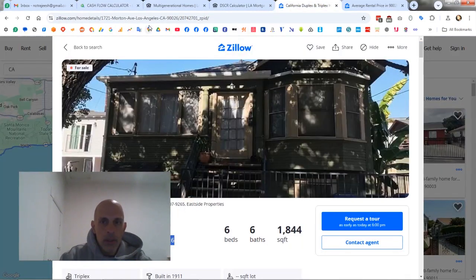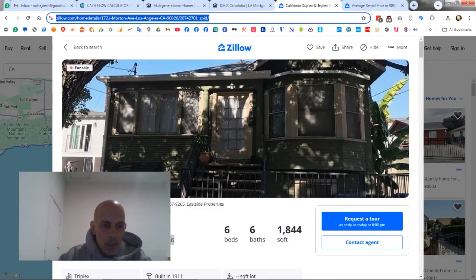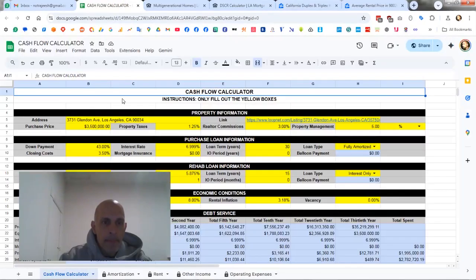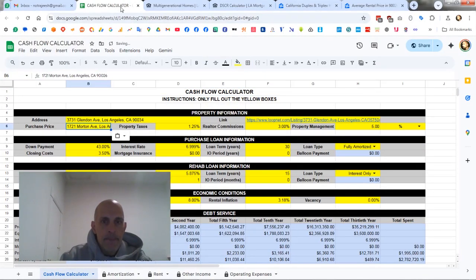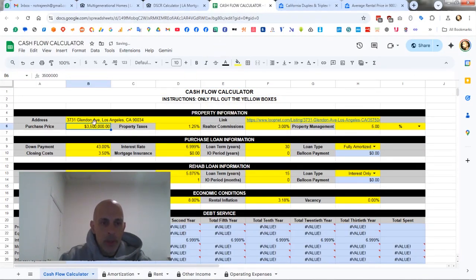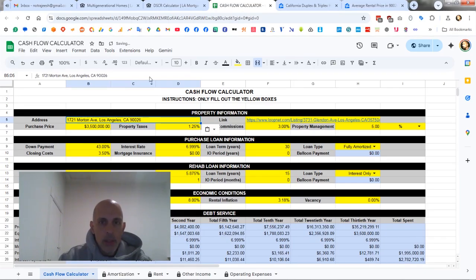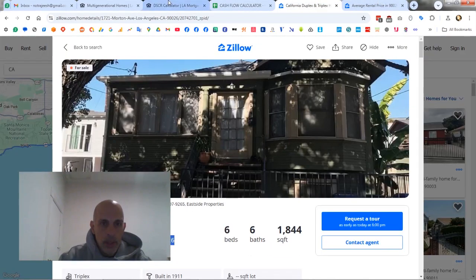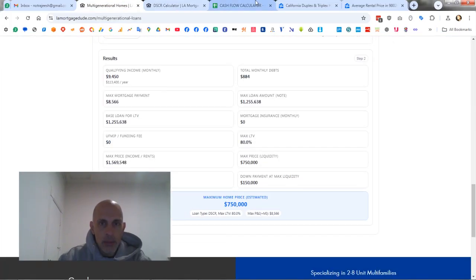So this is 1721 Morton. Oops, wrong place. And this is priced at $689. Where is this?